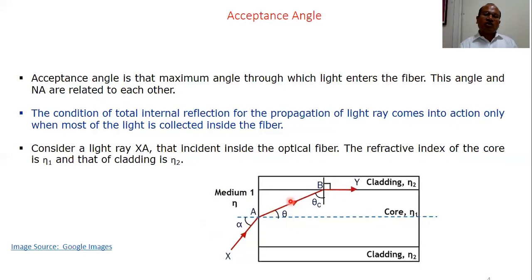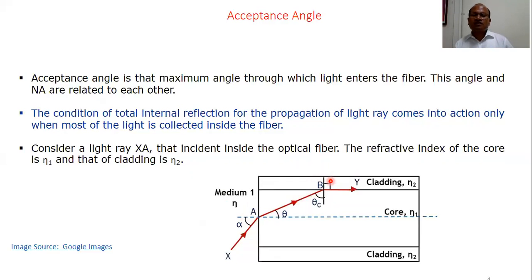So it's coming towards normal here, and then it strikes at point B. So AB is the path. A is the beginning point of the core where the light has entered, and B is the point where there is an interface between core and cladding.